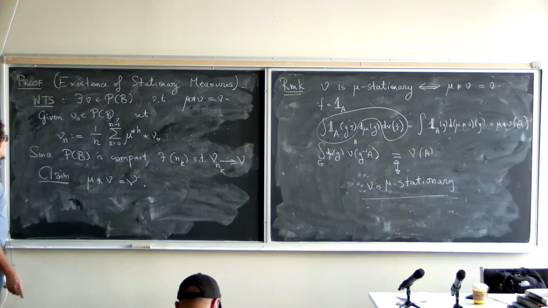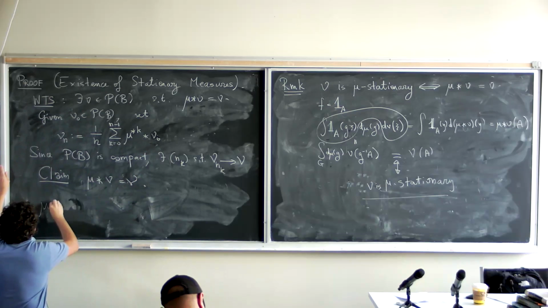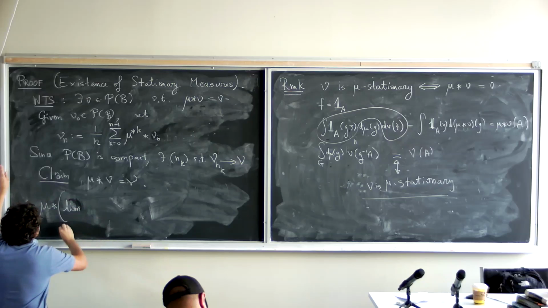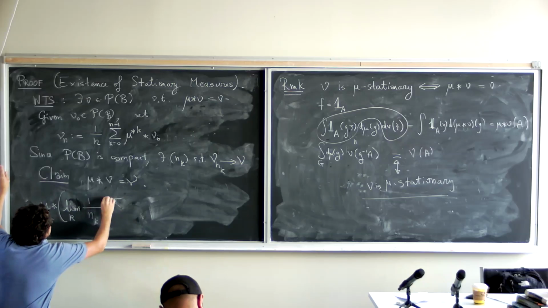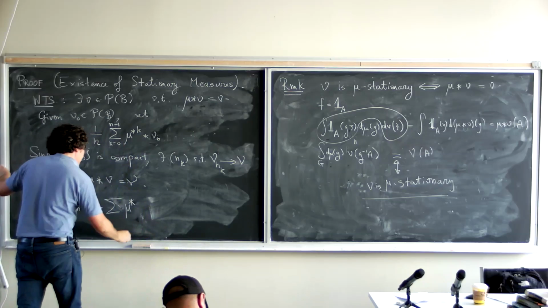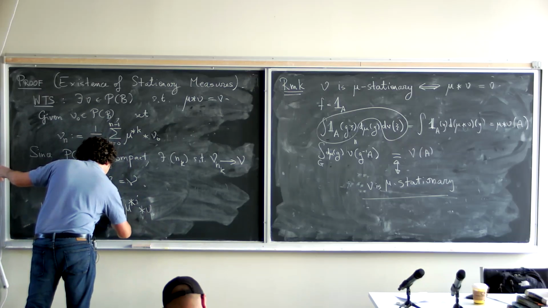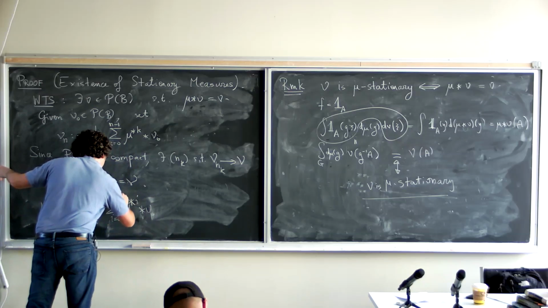And why is that? Well, we have to check. So mu star of the limit over k of 1 over n k, sum of mu star i star nu from i equals 0 to n k minus 1.